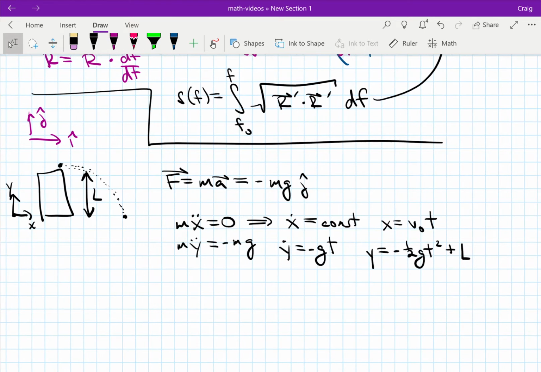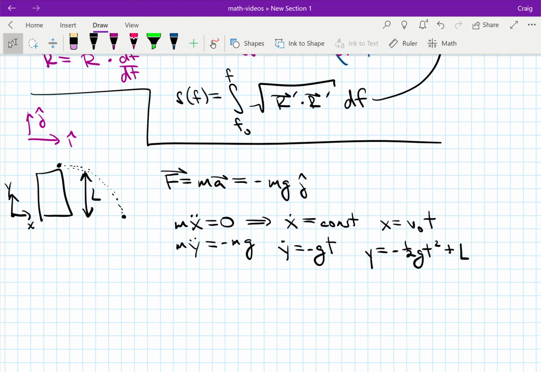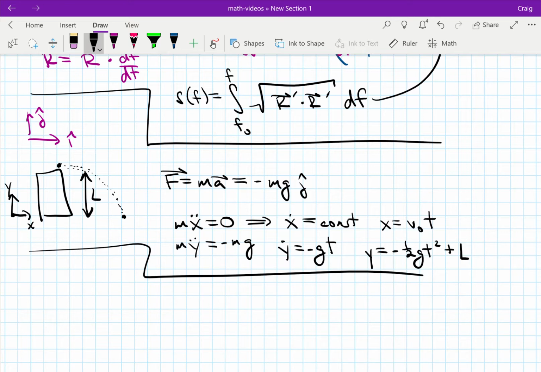Let me just write an expression for the speed. So the velocity v, which is equal to the time derivative of the position, that's x dot i hat plus y dot j hat.